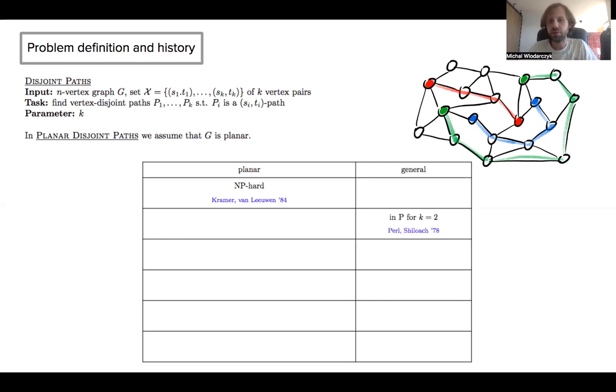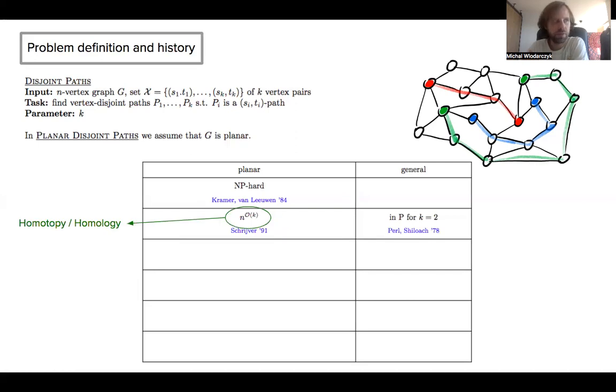People try to solve it in polynomial time when the number of paths is small, so we get a polynomial algorithm for just two terminal pairs. And for planar graphs, we had a polynomial time algorithm for every fixed value of k, with running time n to O of k.